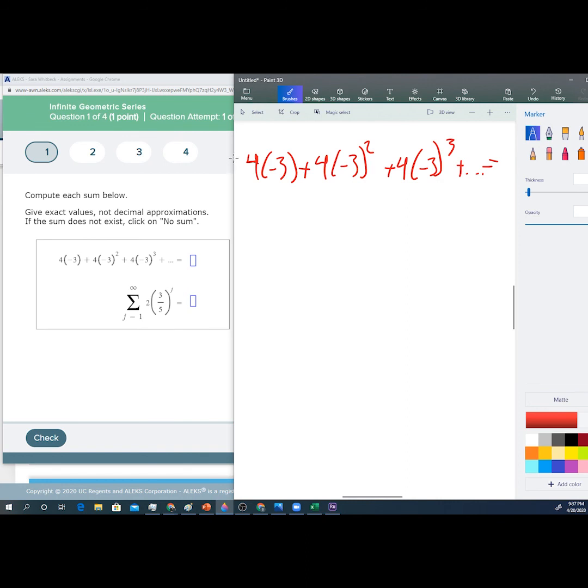Now I see here as I move from this term to this term, I'm multiplying by negative 3. And I multiply again by negative 3. And I'm going to keep that up. That means that my rate here is negative 3. Now, does negative 3 meet my rule for divergent or convergent?